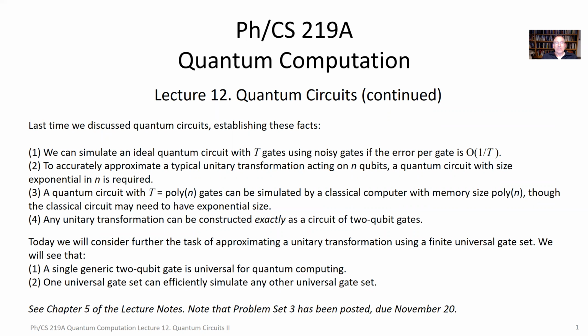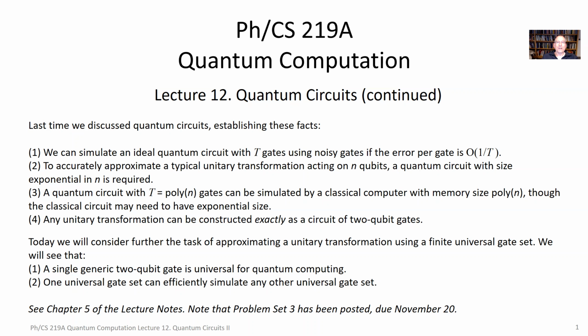We talked about the task of simulating what a quantum circuit does using a classical computer. And although the naive simulation requires exponentially large memory, because we need to keep track of a quantum state in an exponentially large Hilbert space, we saw that by using a kind of sum over histories trick, we could do that simulation still with an exponential cost in terms of the time complexity of the classical calculation.